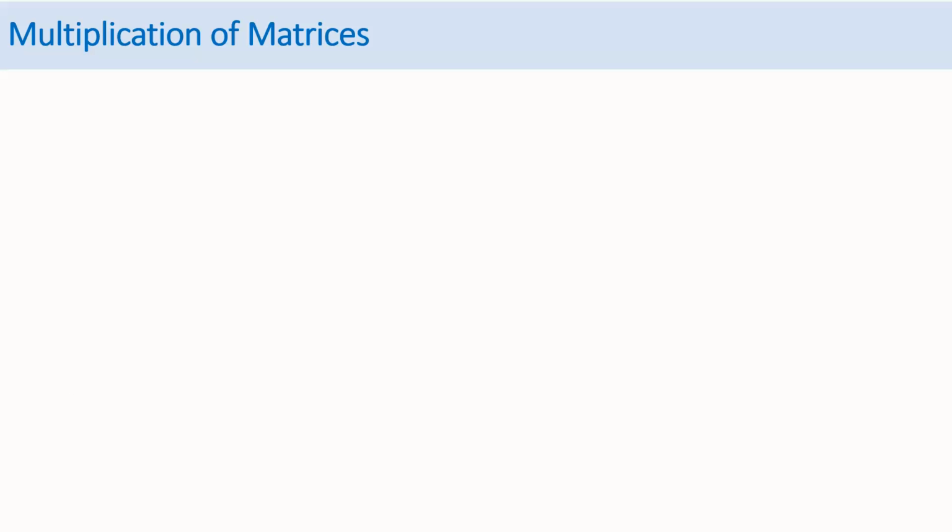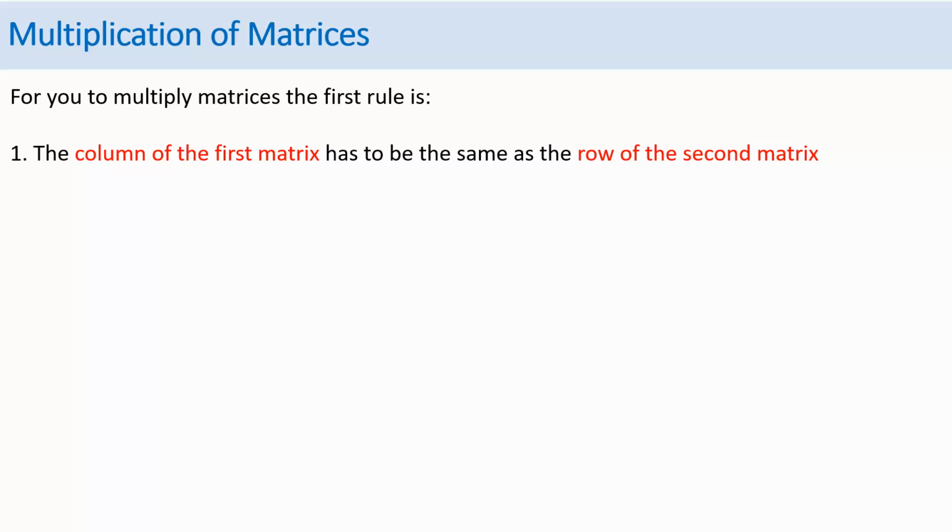Multiplication of matrices. You have a couple of rules that you have to check first before you do them. Rule number 1. In order for you to multiply, you have to have the column of the first matrix be the same as the row of the second matrix. I wrote that in words, but I'll show you what I mean.